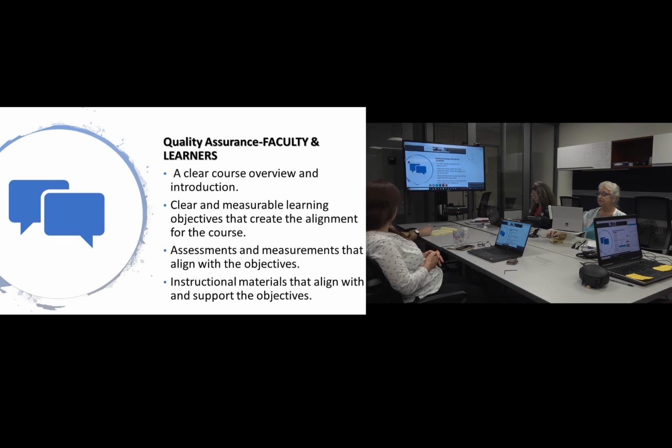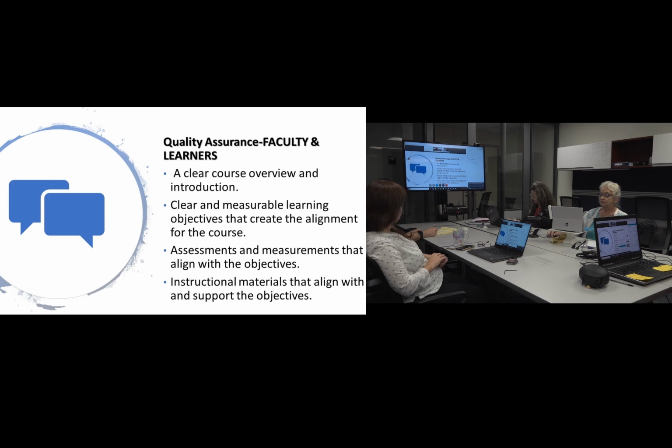And just think, if you want your course to go through QM, if your course level objectives are not measurable, the review stops and it goes back. It has to be edited and fixed, because if the course level objectives are not measurable, a review will not go through.